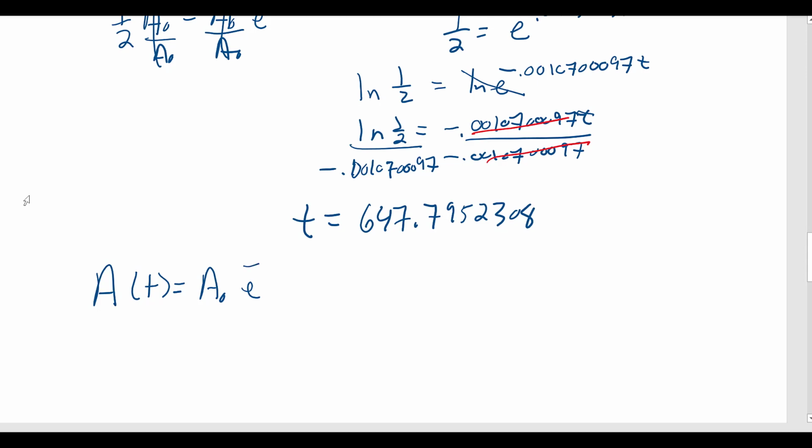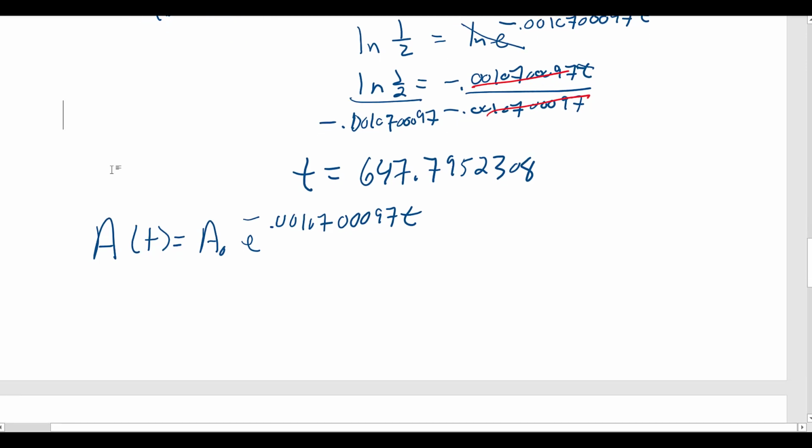So our formula is the amount at time t is the initial amount times e to the negative 0.00107 00097 t. And it says how long will it take a 100 milligram sample to decay down to 72 milligrams. So we have 72 equals 100 times e to the negative 0.00107 00097 t. We can divide both sides by the 100.